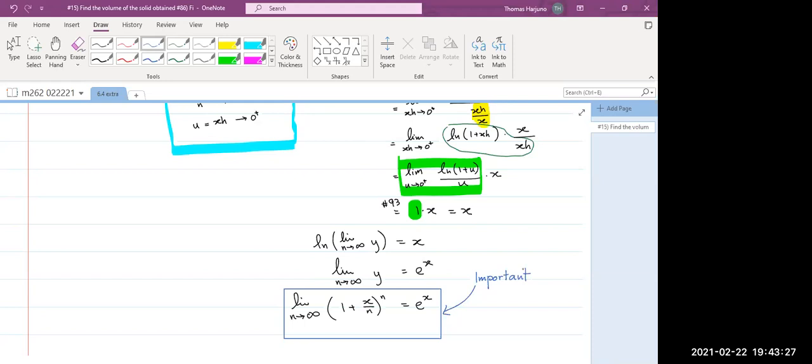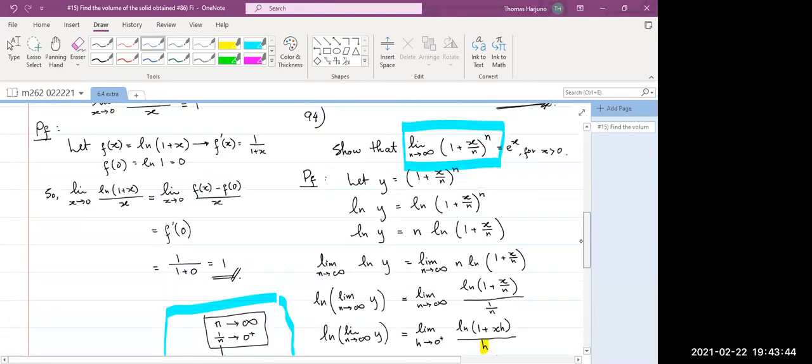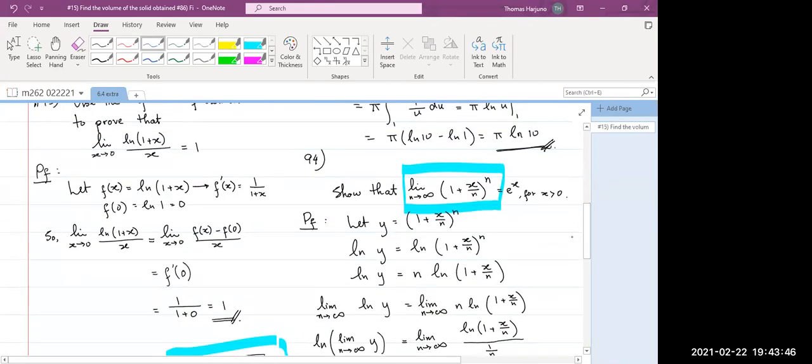So e is an irrational number that is defined in many different ways and still gives the same e. That's how natural this number is. Do I need to memorize the proof, Thomas? Don't try to memorize it, but try to think about the idea.